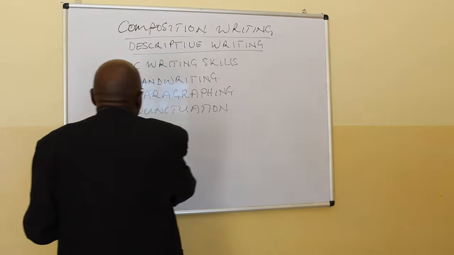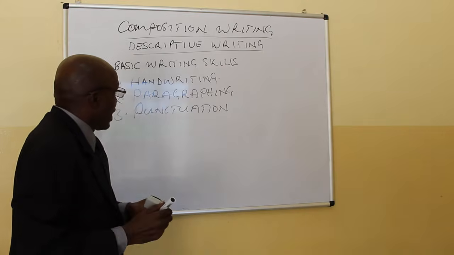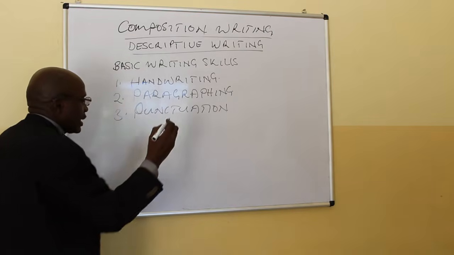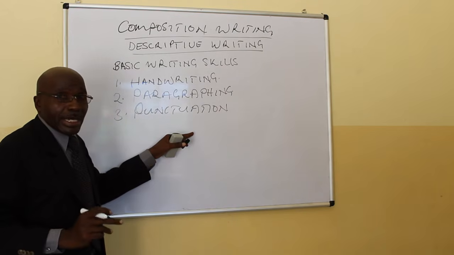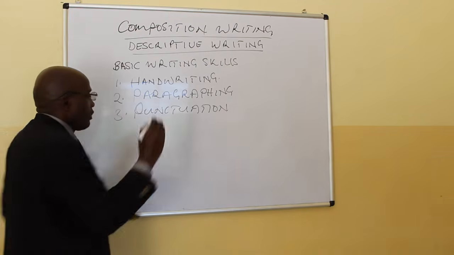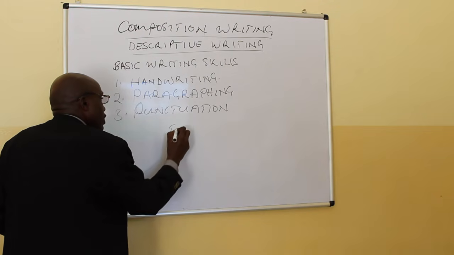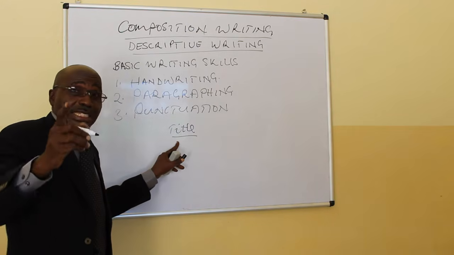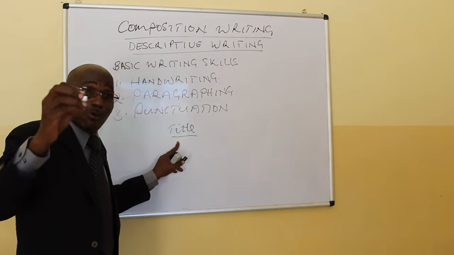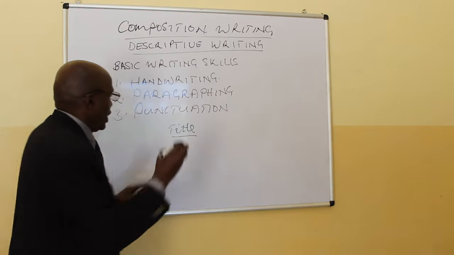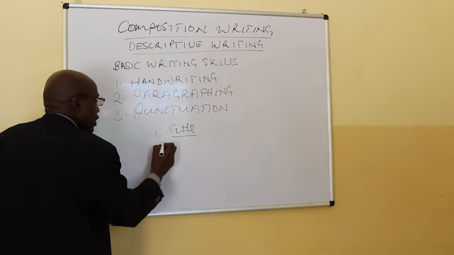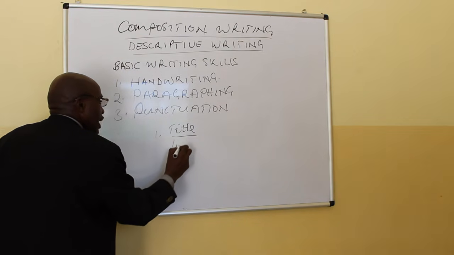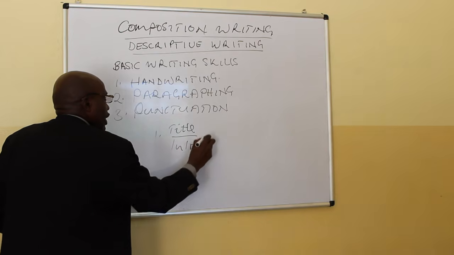Now, we said that under composition writing, we have the title. The title is very important because that is the one that gives us an idea of what you're going to write about. Then after the title, you have the introduction.